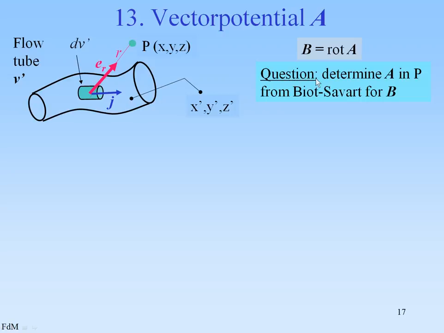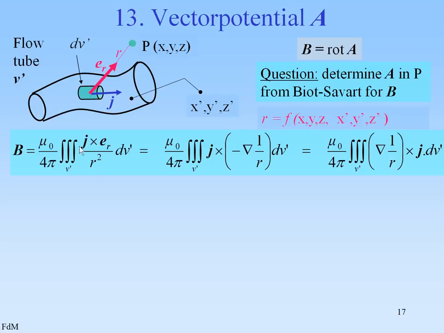And the question is to determine the A, and the A is defined as in this relation here, with B being the rotation of A. Please note that R is a function of 6 coordinates. The coordinates of the element and the coordinates of P.